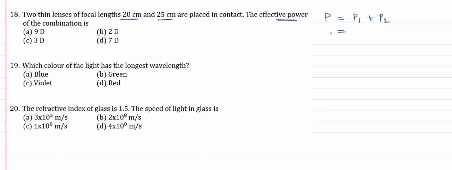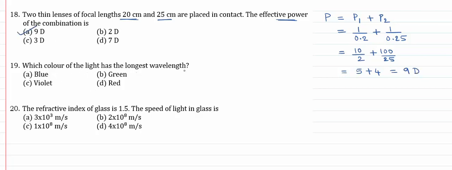So 20 centimeter is 1 by 0.2 meters, and 25 centimeter is 1 by 0.25. Simplifying, this is 10 by 2 plus 100 by 25, that is 5 plus 4, equal to 9 diopter. So option A is our answer.